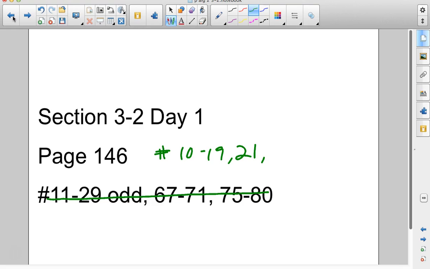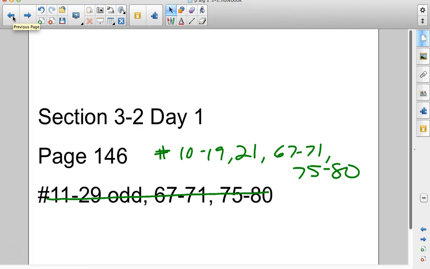And this review. That'll be better anyway. We're going to need more practice at the substitution piece there. So 10 through 19, 21, 67 to 71, and 75 to 80.